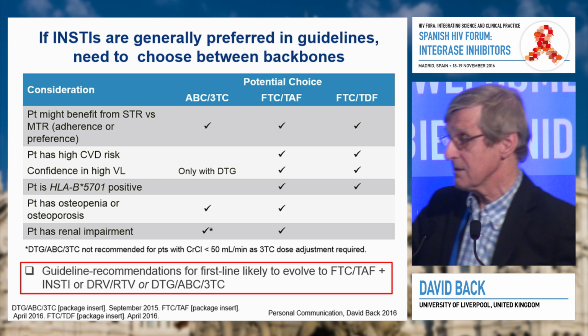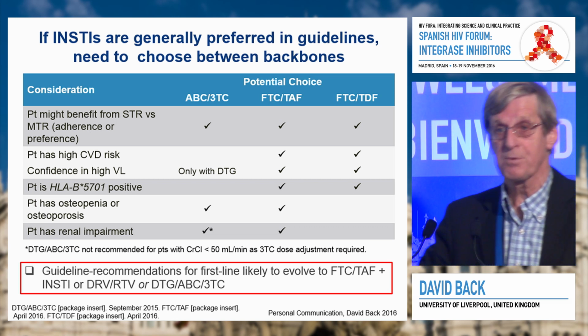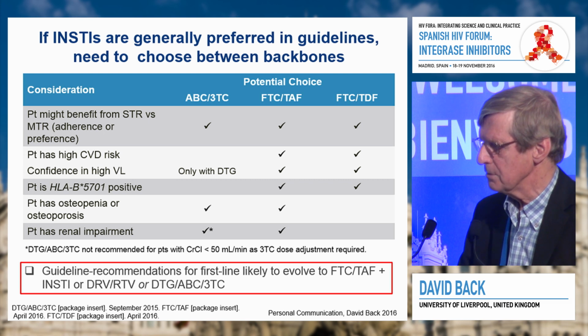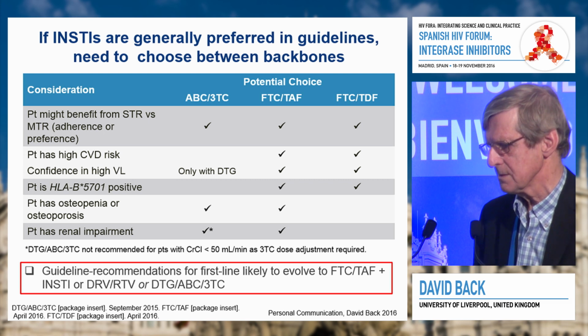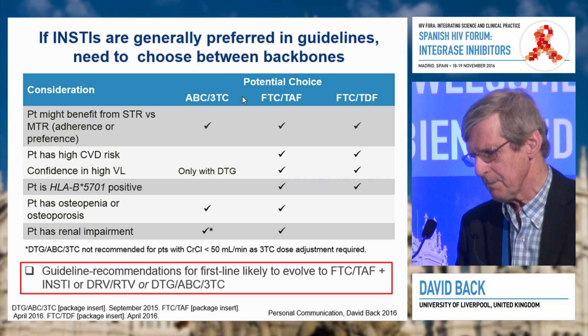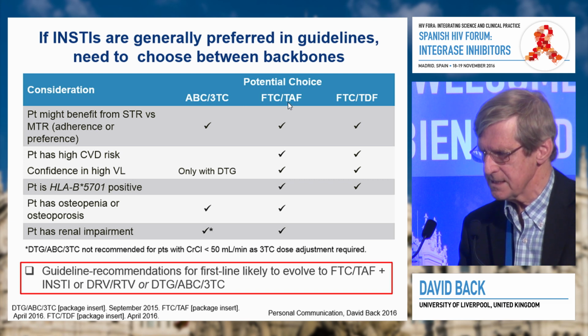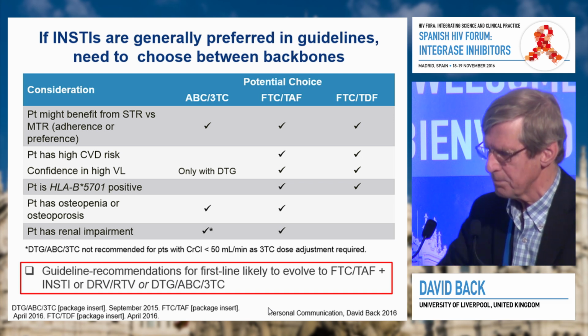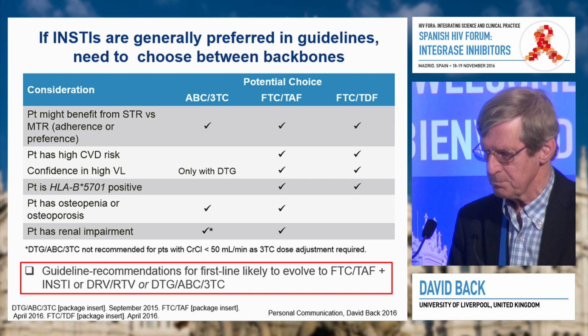But if integrase inhibitors are generally preferred in the guidelines, which backbone with the integrase inhibitors? And therefore, when you think about Abacavir 3TC or FTC TDF or FTC TAF, the potential choice, you have to look at a number of factors and say how you're going to put your regimen and what is the optimal regimen for individual patients.